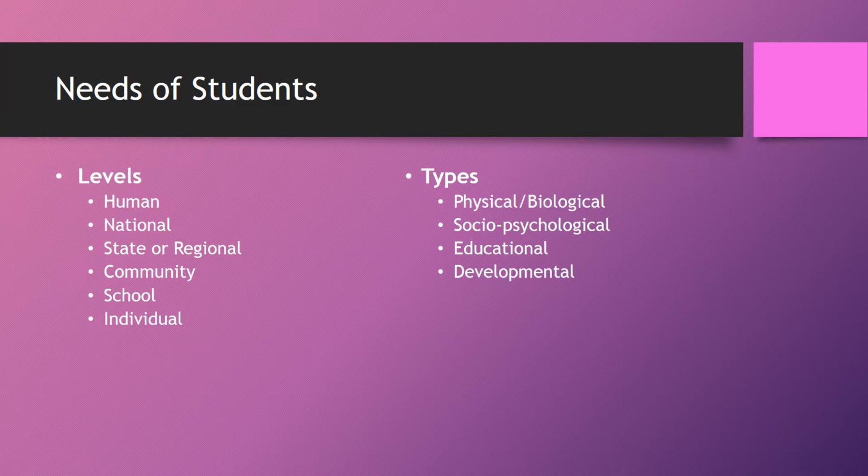Are we addressing those that are withdrawn or maybe ADHD or maybe really creative? How are we meeting the needs of individual students? Our curriculum and our implementation of that curriculum need to be reflected to meet the needs of individual students.